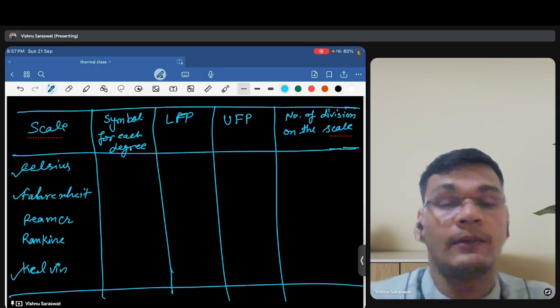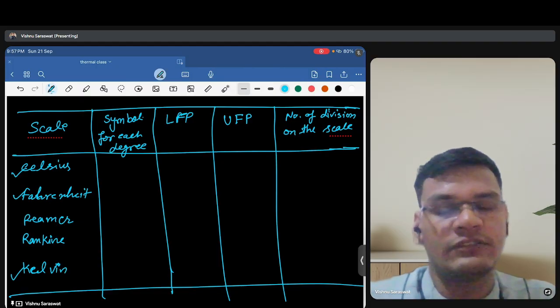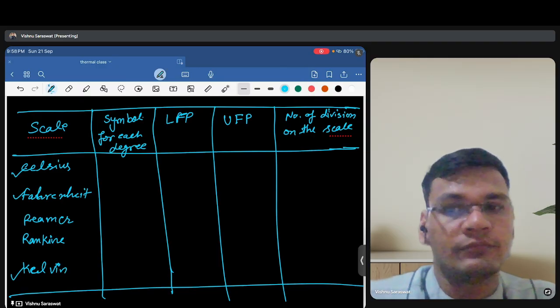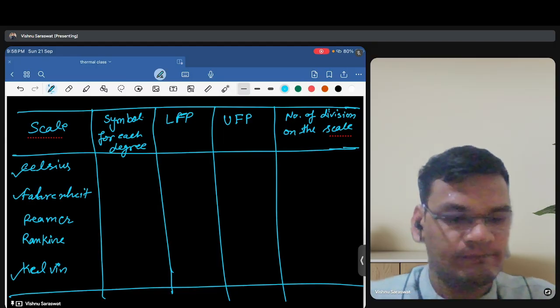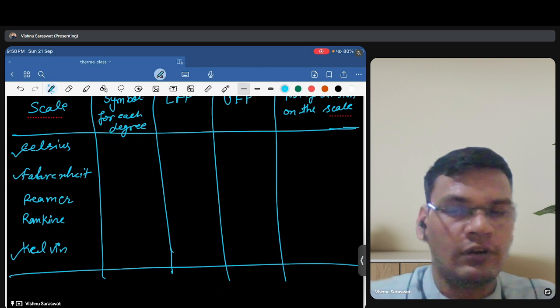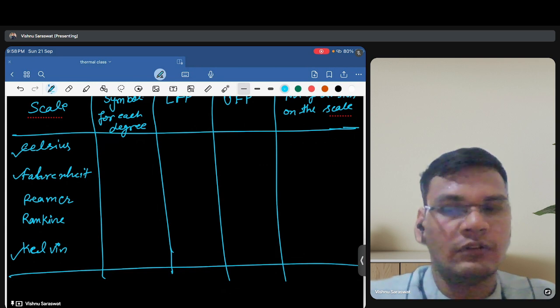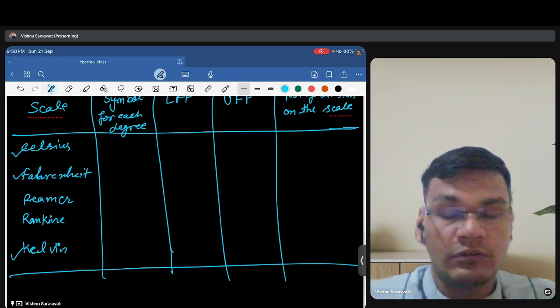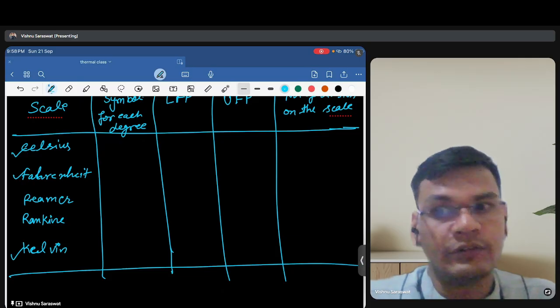The SI unit of temperature is Kelvin, which is why we generally use Kelvin in physics. But in daily life, we use Fahrenheit when we check a fever, because the thermometer scale is in Fahrenheit.